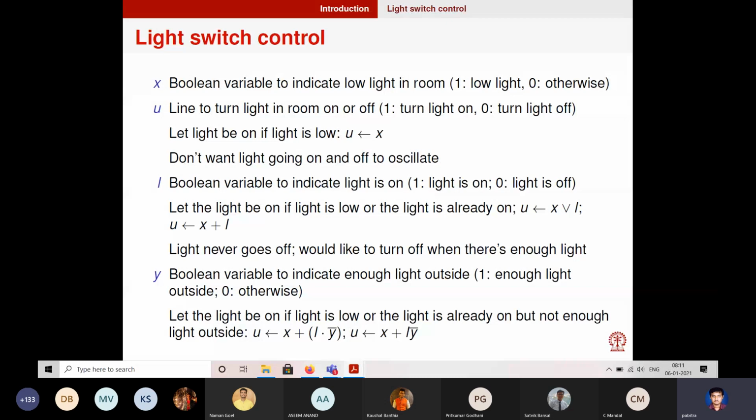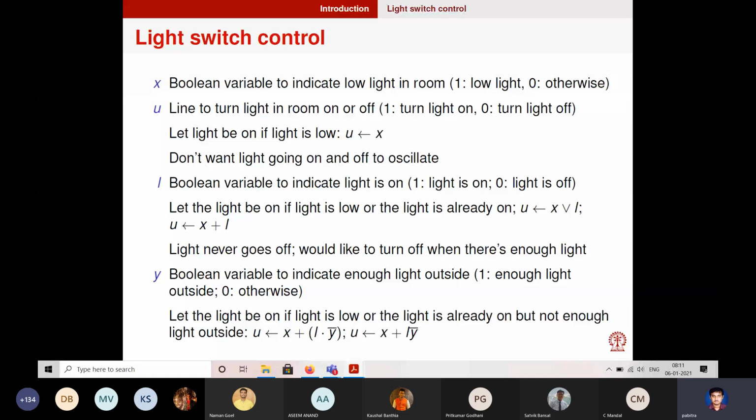So now if we consider also the light outside, and if the requirement is such that the bulb should be turned on if there is a low light in the room, and or there is not enough light outside. So naturally, not enough light outside means the complement, Y bar.